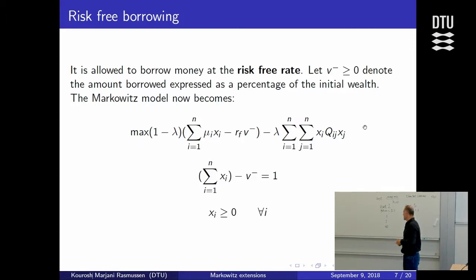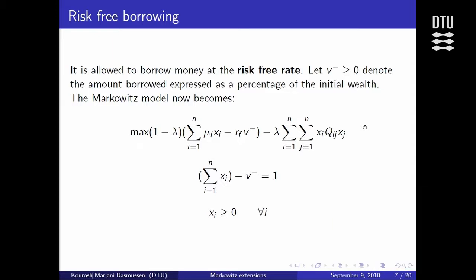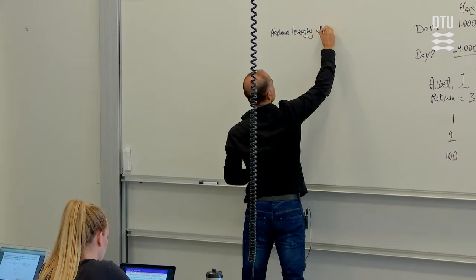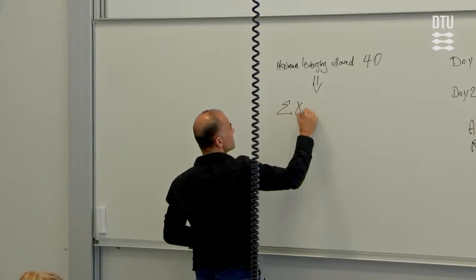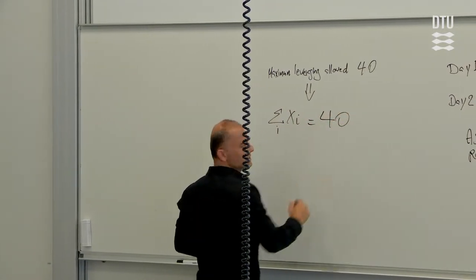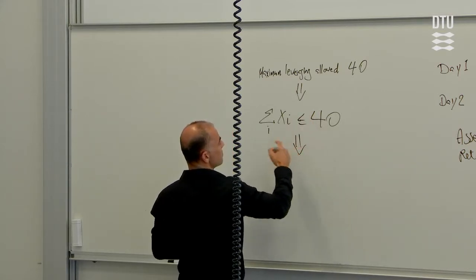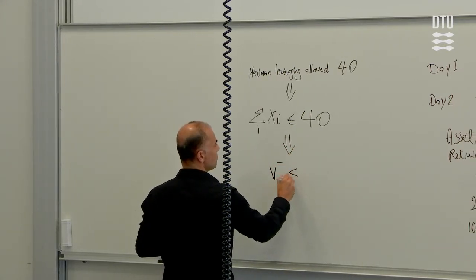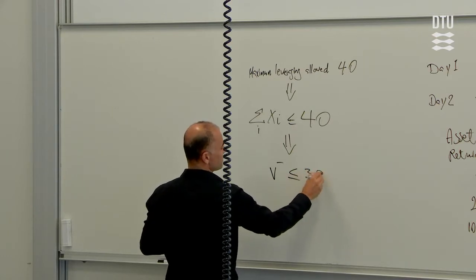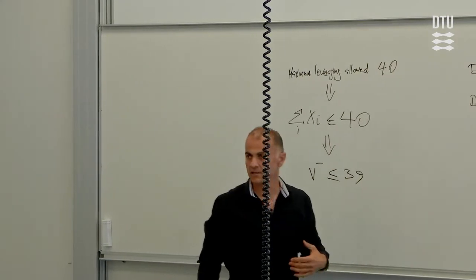To answer your question, if the maximum leveraging allowed is 40, that means the sum of your x's has to be less than or equal to 40, which means your V minus has to be less than or equal to 39. That's how you would use this model.